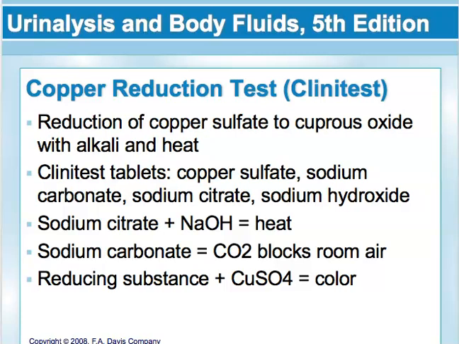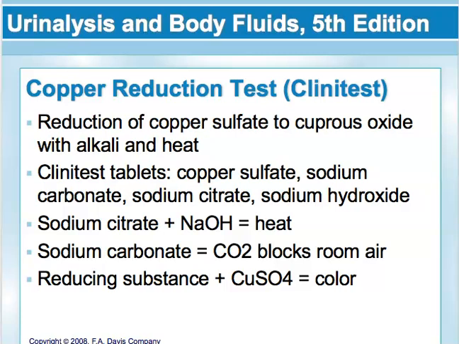Okay, the copper reduction test, or the CliniTest. So again, this is one of the confirmatory or backup tests that were mentioned in lecture 1. This is one of the earliest chemical tests performed on urine used to detect glucose.